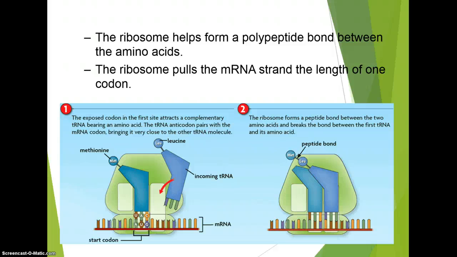That picture also shows that there's space in the ribosome for more than just one tRNA. So they kind of line up and have to wait for a little bit to release their amino acid until they get the tRNA that has the correct match for the codon on the mRNA.